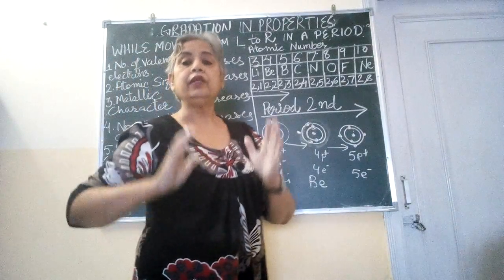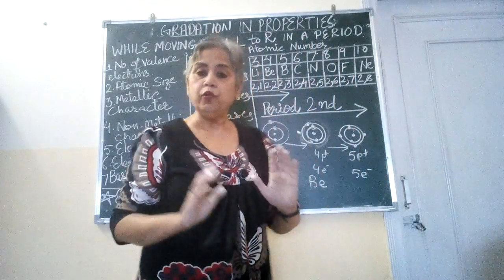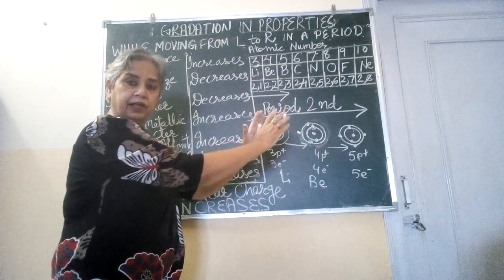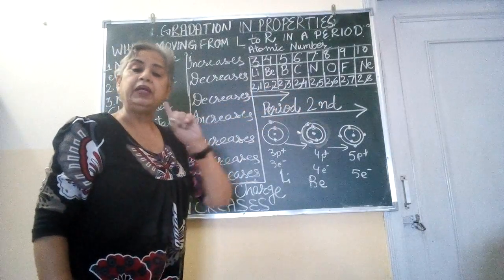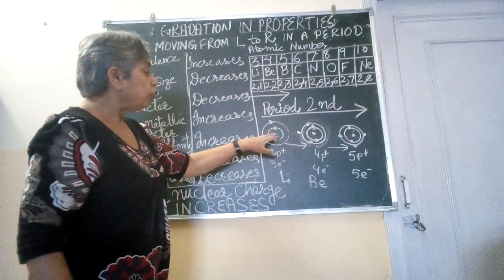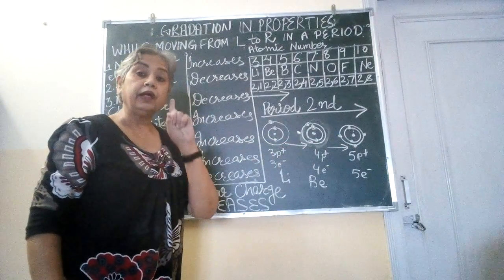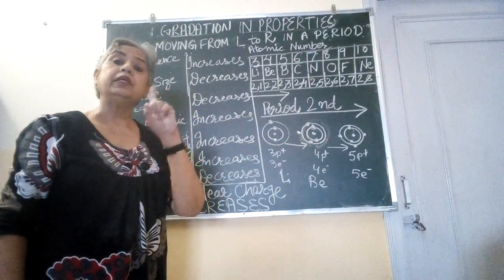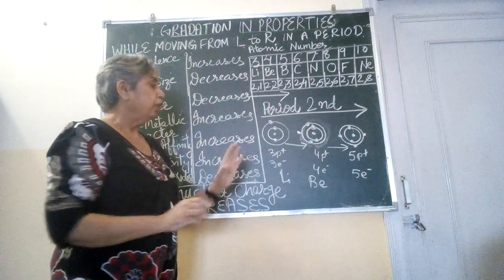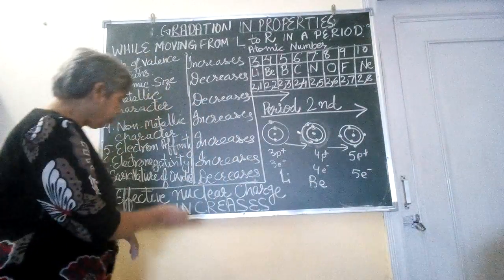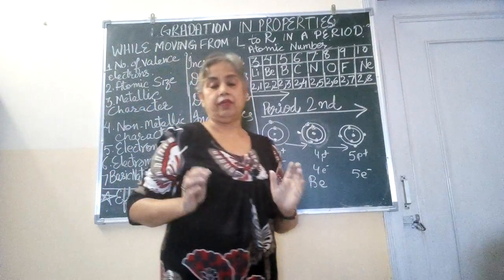The question why is answered like this: while moving from left to right in a period, no new shells are being added. Nuclear charge is increasing by 1. I repeat, nuclear charge increases by 1. No new shells are added. So the pull, that is the effective nuclear charge, increases.